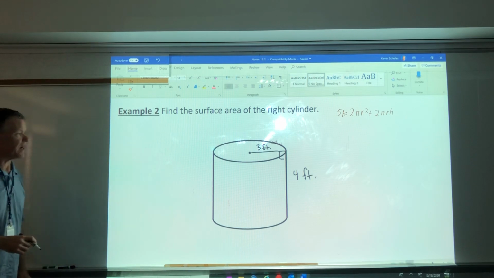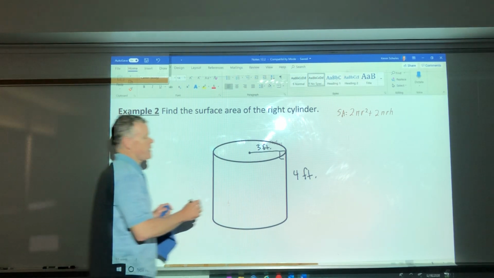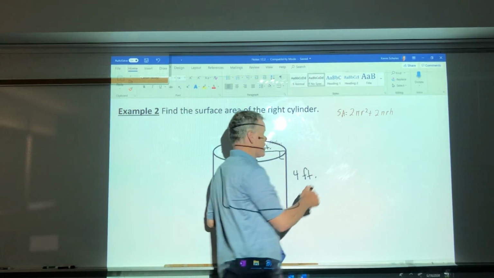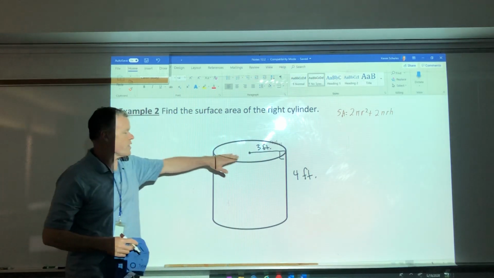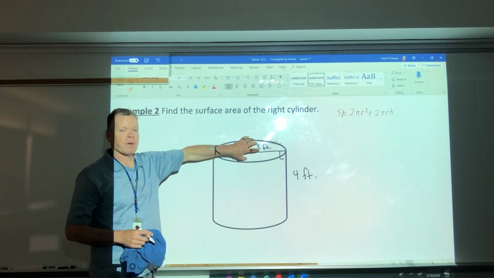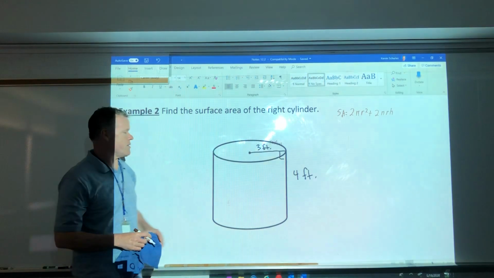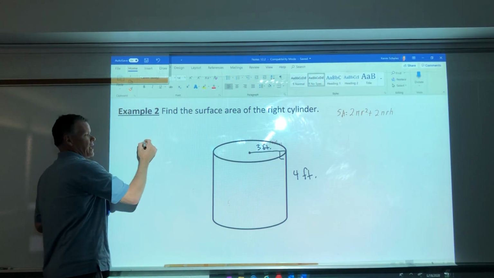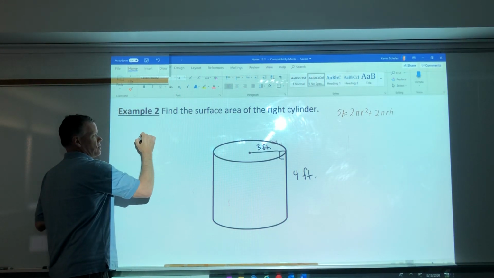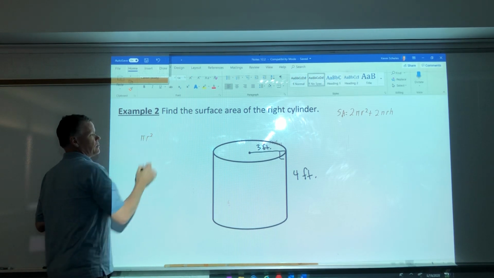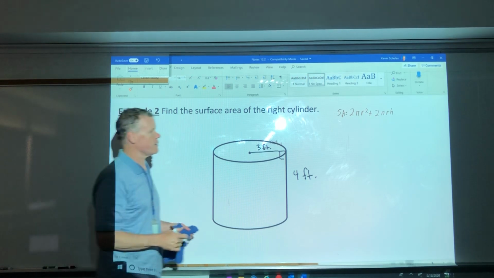We have to find the area of our cylinder here. Pi times radius squared is going to give us the area of the top of the cylinder, which is like the base. And we can just put that right in the formula here.